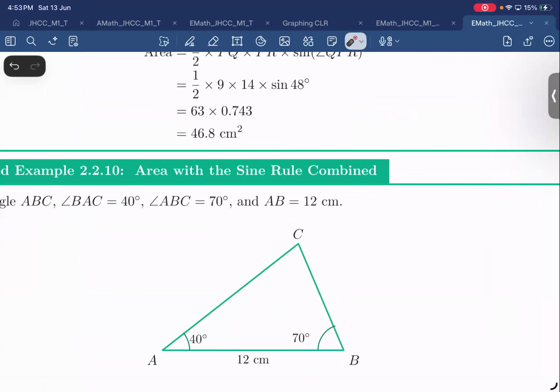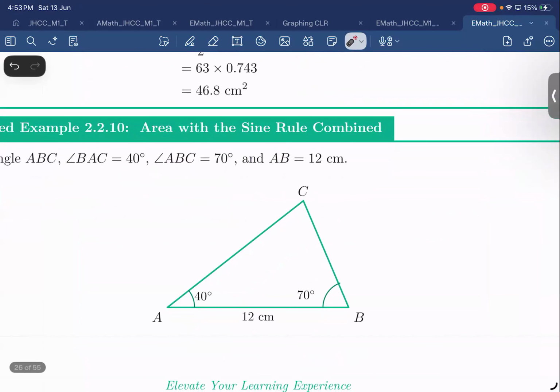For this one, we actually don't have that yet. So that means we either have to find this side or this side. We can easily find this side using the sine rule, because we can calculate this angle as well.